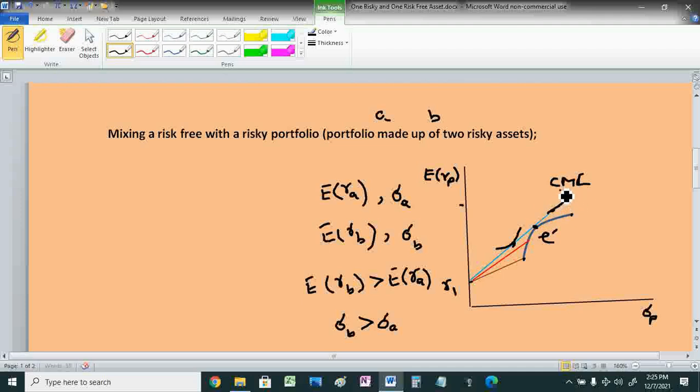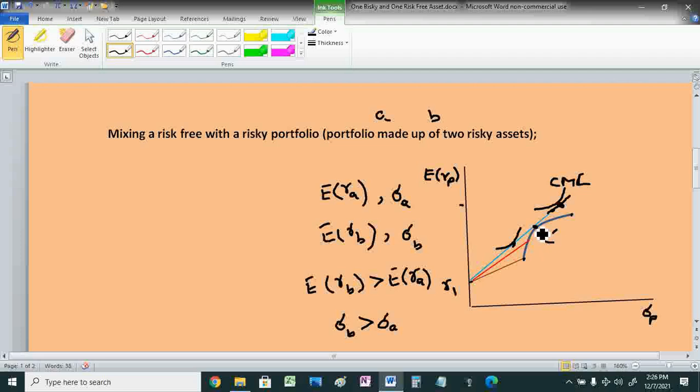So there is a possibility that the person might be finding himself or herself at such a point, but then again this is a tangency point. If the person had been here, it means he or she had been investing all of his or her savings in this portfolio represented by E dash, so the proportion of savings going to this particular portfolio becomes 1.